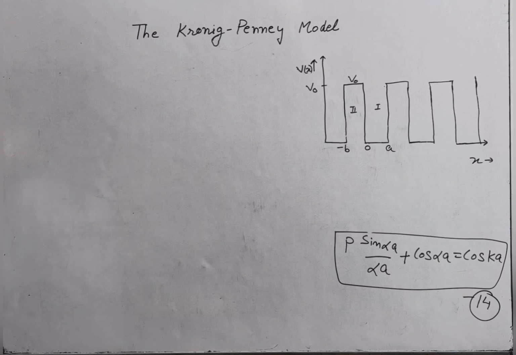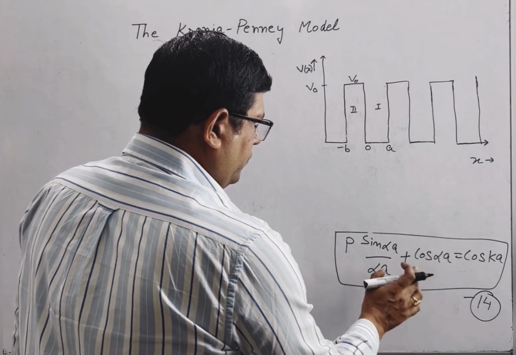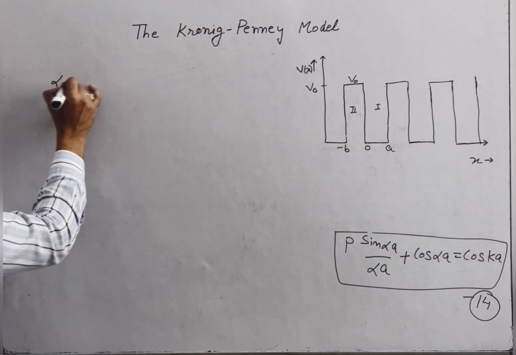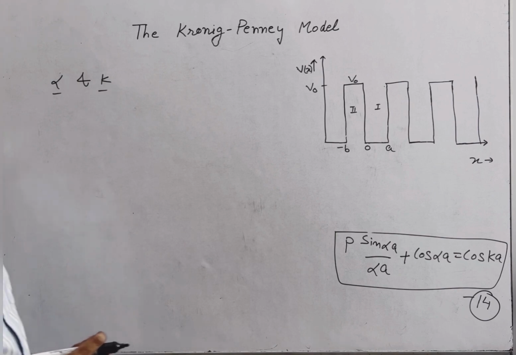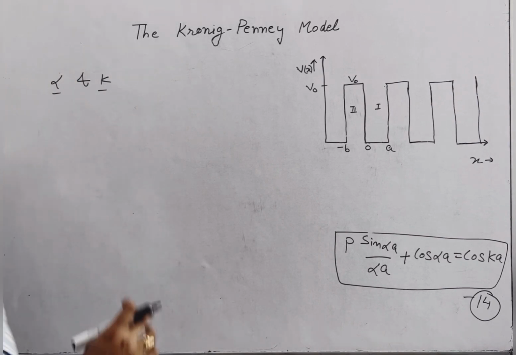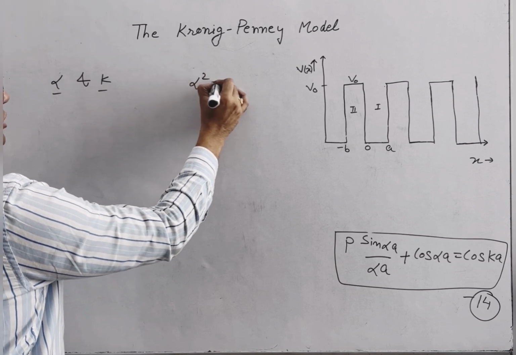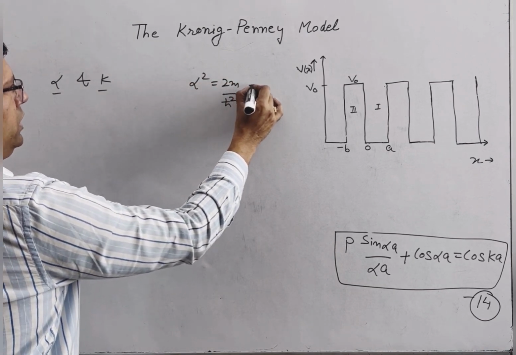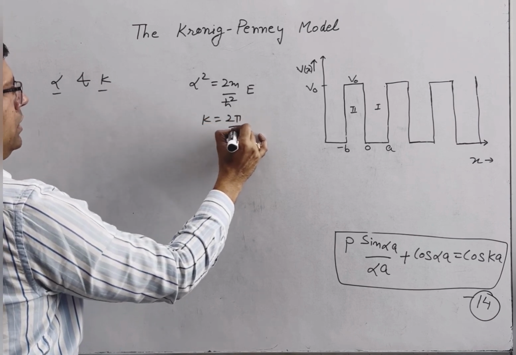Now, there are two main variables in this equation. One is alpha and another is k, where alpha square is 2m upon h cut square into E, and k is 2 pi by lambda.